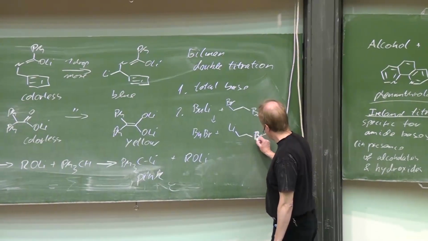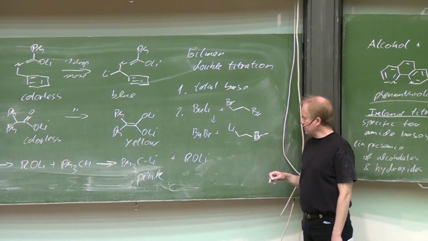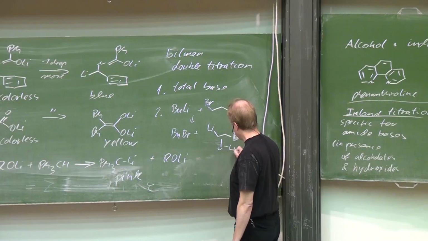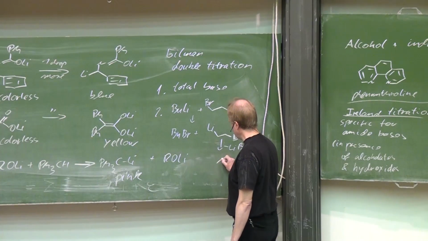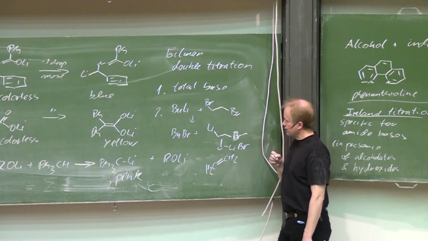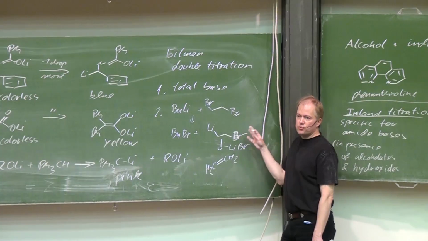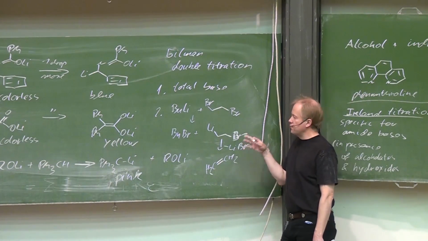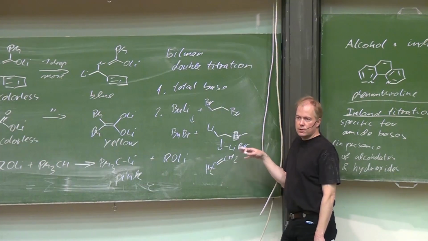And this monolithiated species, of course, eliminates lithium bromide, forming ethene. So you have destroyed the butyllithium without forming any base.